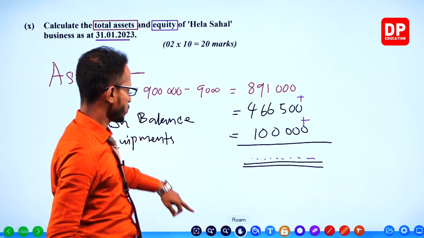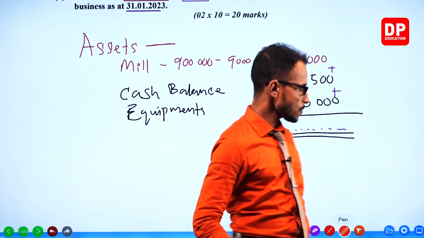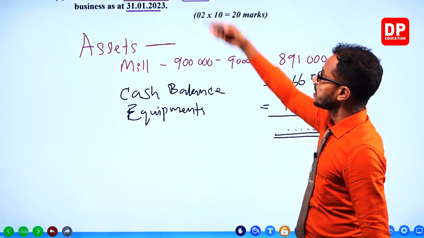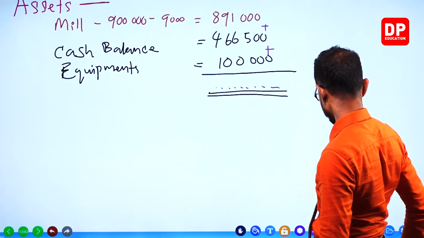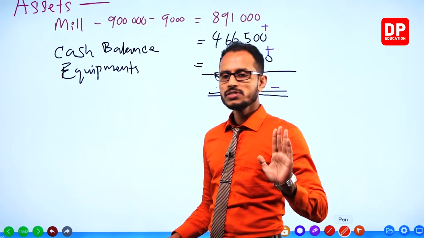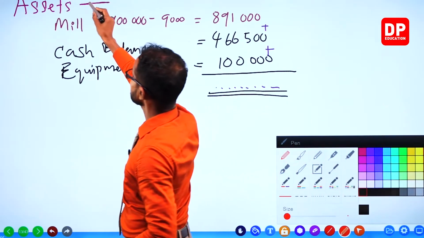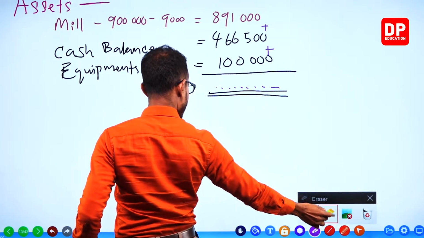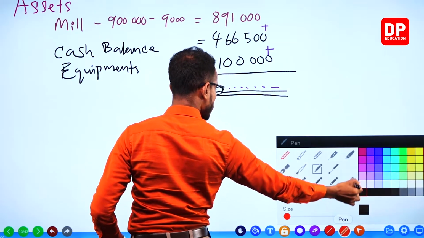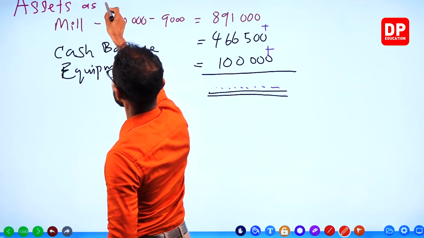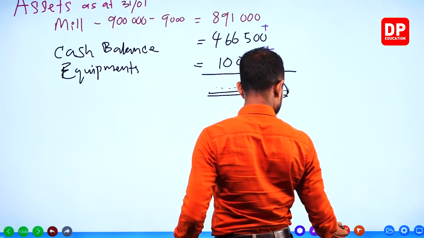Now, let's go to the last part. That is equity. It's easy because we already know what the opening equity is. Calculating the closing equity is just like calculating the closing assets, assets as at 31st January.